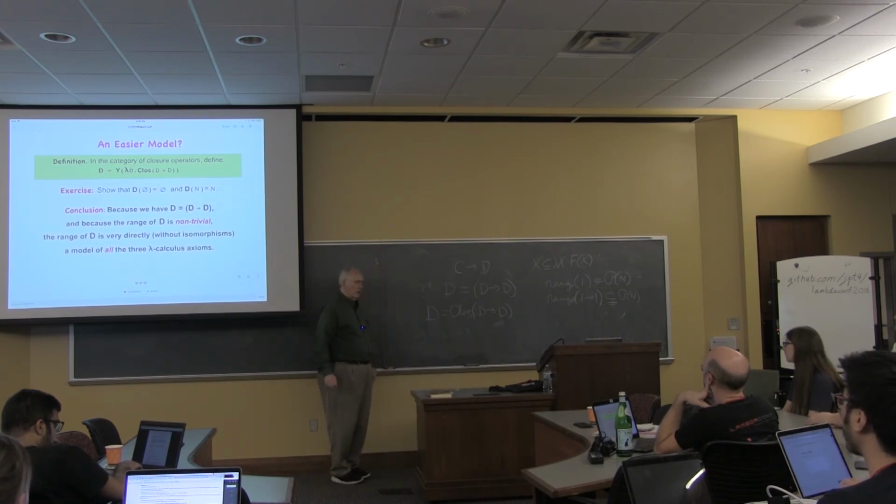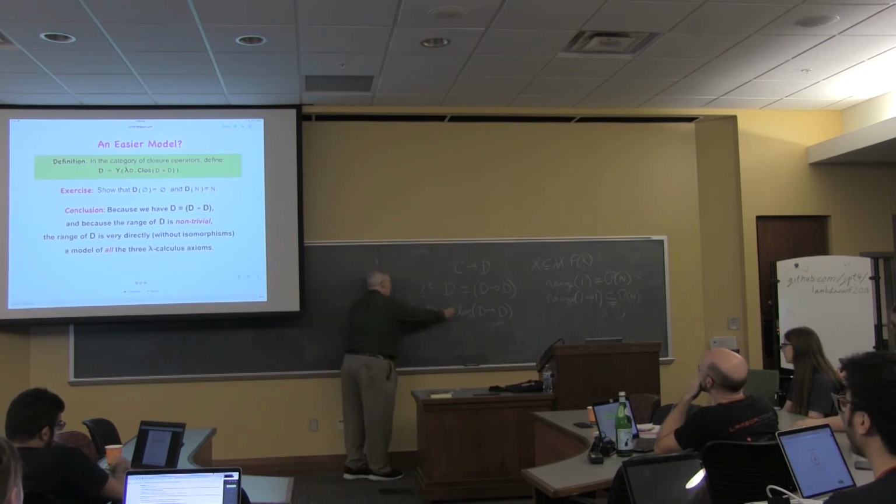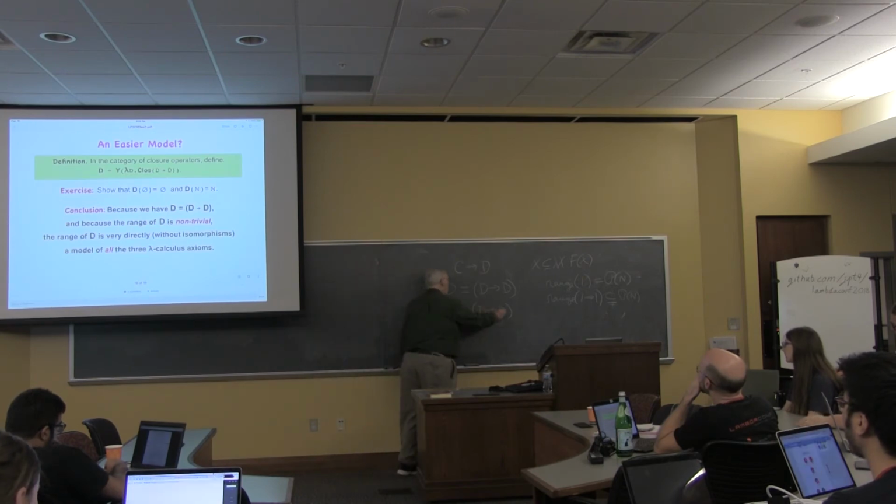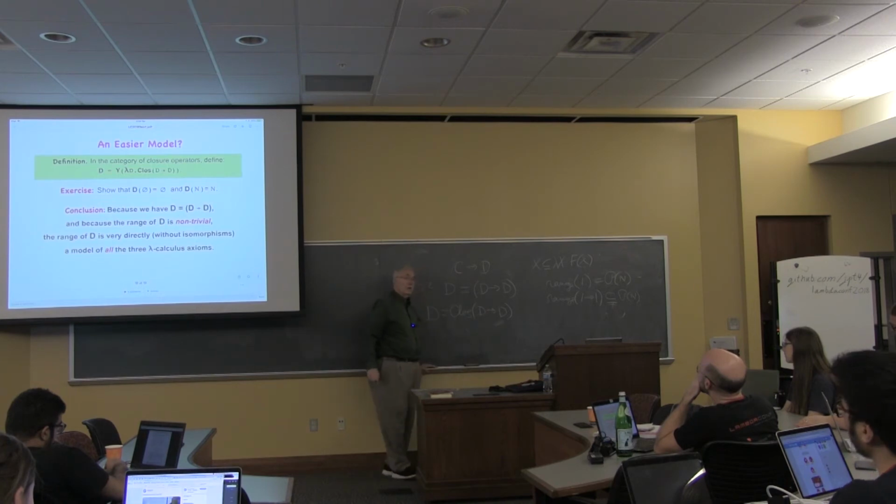But now you say to yourself, wait a minute. I programmed it so that I know the answer is a closure operator. Everything in the range of close is a closure operator. So I know that's a closure operator. If D is known to be a closure operator, then D arrows D is known to be a closure operator because I wrote that proof on the board.